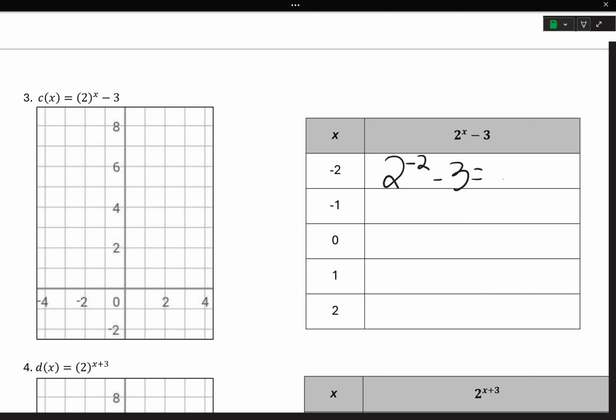So that's -11/4, which is -2 3/4. Okay. And we've got 1/2 - 3. So that's -5/2, -2 1/2.